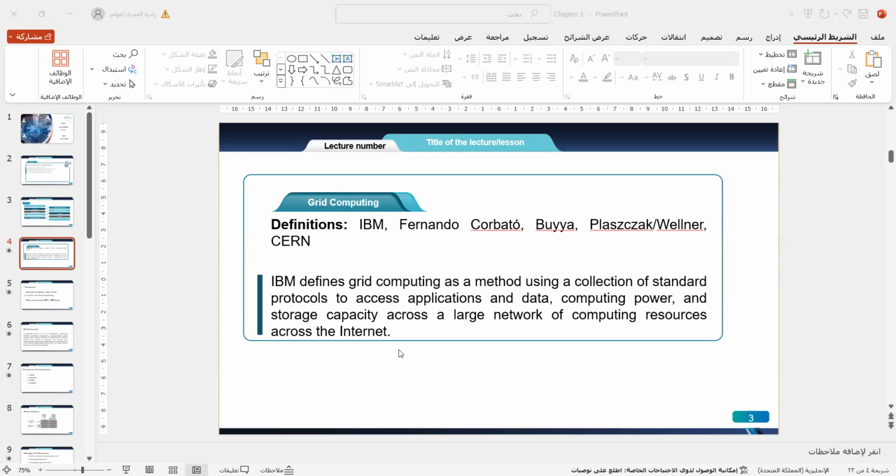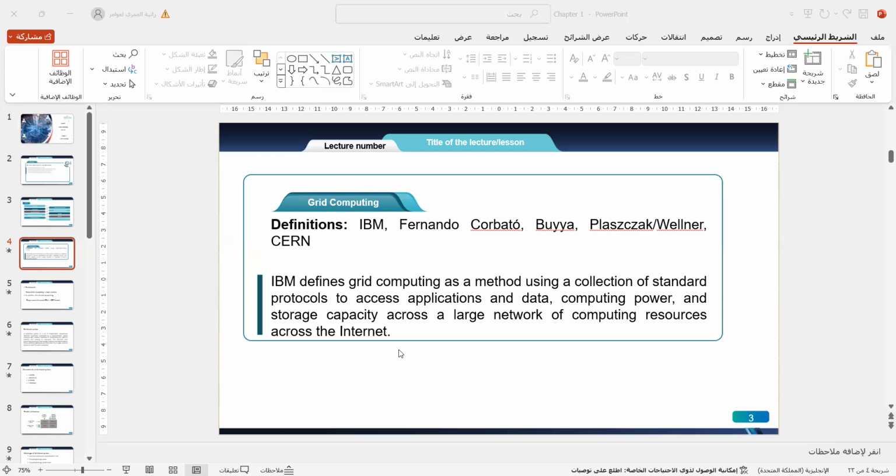So grid computing combines the steps related to this equation due to the multiplicity of available resources. So this implies fewer steps and shorter time frames.